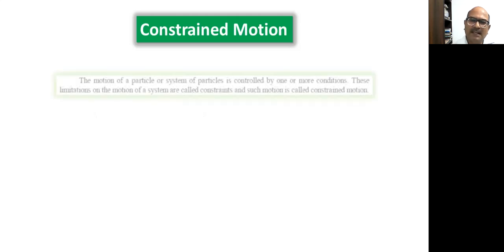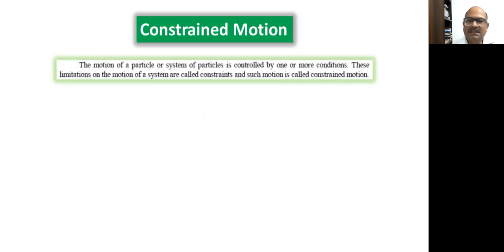So constrained motion, if we say, then we must understand that every motion is restricted by certain conditions. So in a motion of a particle or a system of particles, if there are certain conditions which are controlling the motion, for example, suppose I am just putting one example here.